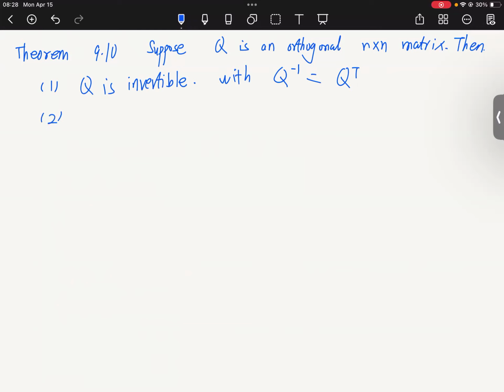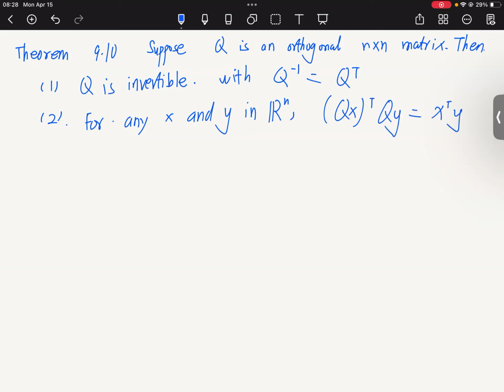And the second one is something about the inner product. For any x and y in the n-dimensional space, (Qx) transpose times (Qy) equals x transpose times y.